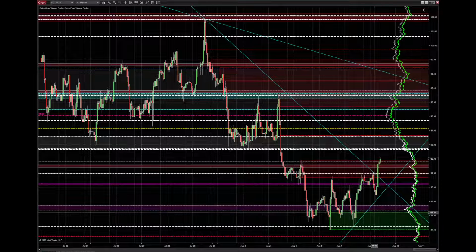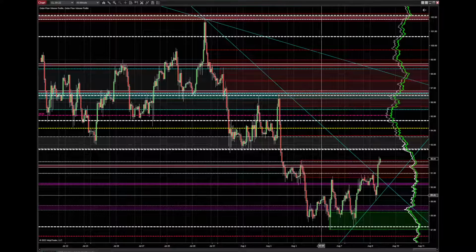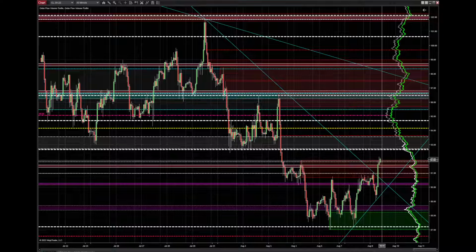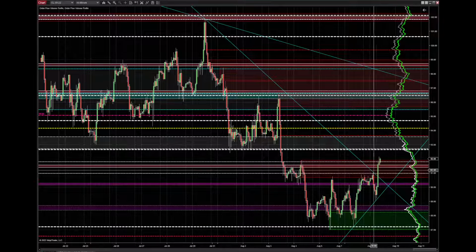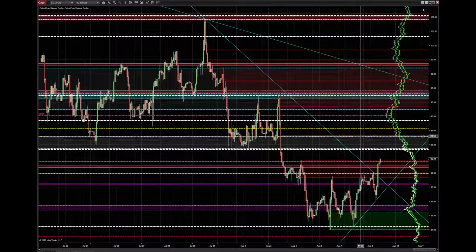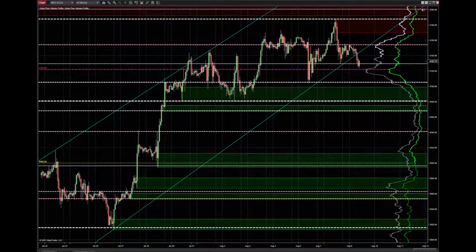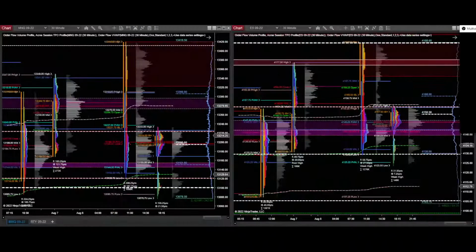I mean, crude got hammered, but now we broke my supply zone and we're kind of building value here. This could go up higher. This could definitely come up to here, at least into this consolidated area, to 93.61. We'll see.